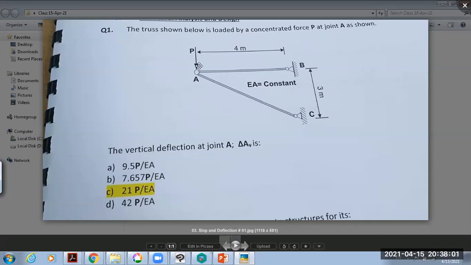A vertical load is applied on joint A. We have hinged support B and hinged support C. The vertical deflection at joint A is, these are the answer choices, 1, 2, 3, 4. How to solve this question? I will solve it using the method of virtual work.